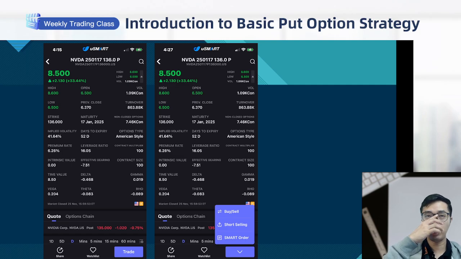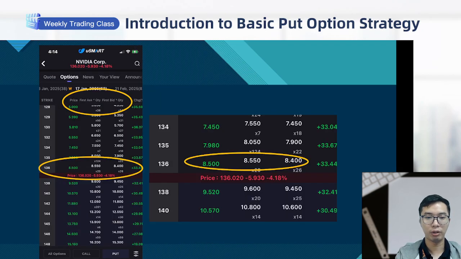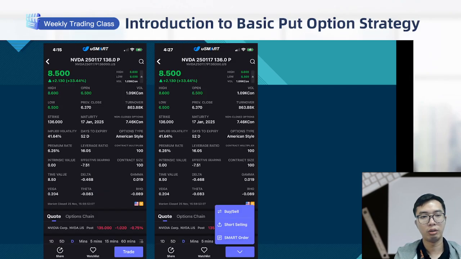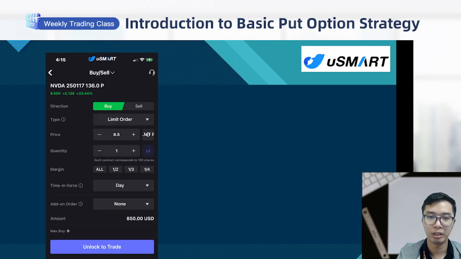So after we choose this, we press into it, just now we said 8.55, then you will see this kind of market information. Then you press trade at the bottom right, and then press buy.